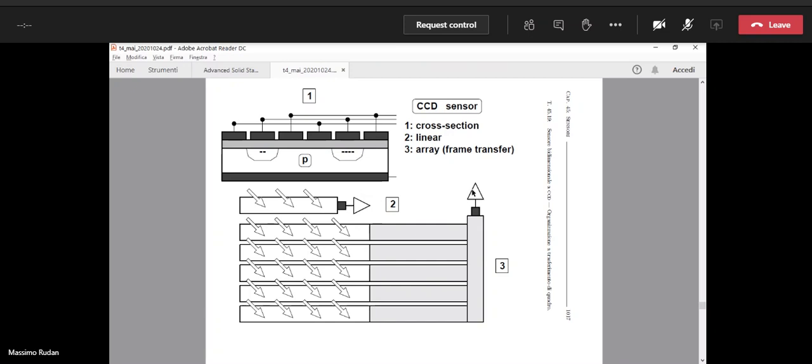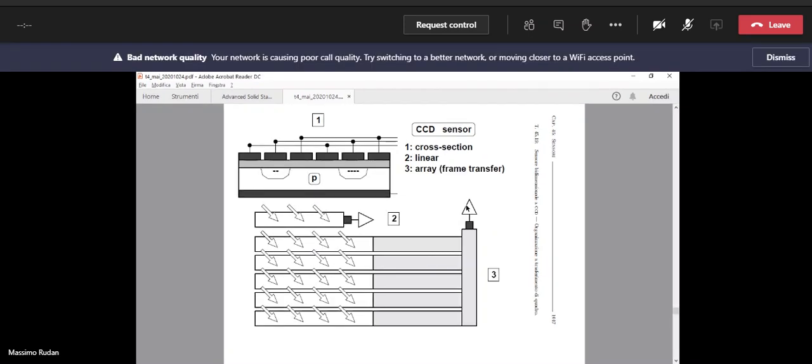Essentially in this architecture, the charge packets undergo a parallel to series conversion, because they enter the vertical CCD and they are read bottom up. Obviously, the frequency of the clocks of the gates of the vertical CCD must be larger than the frequency by which we operate the horizontal CCD.